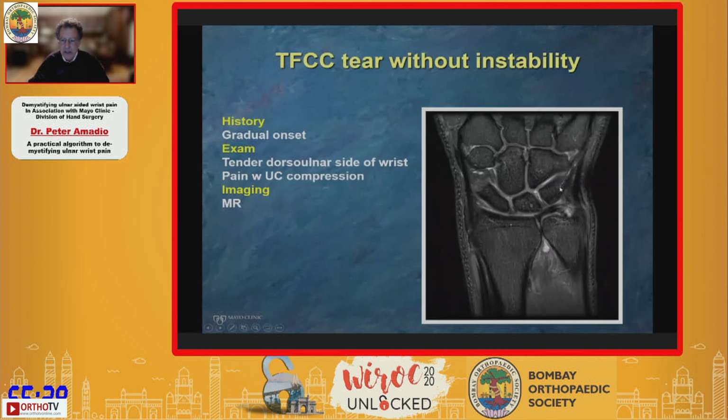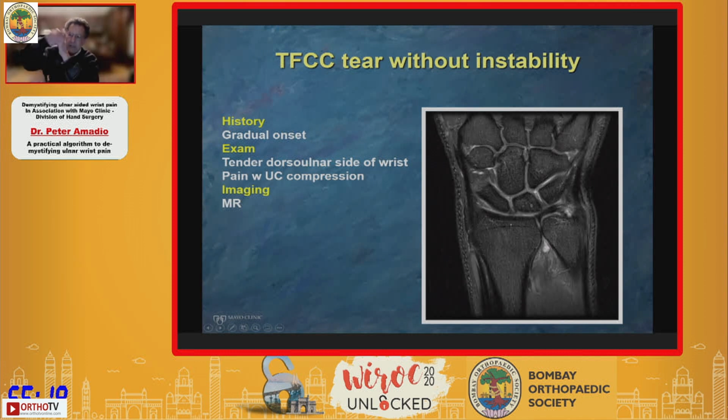TFCC tear without instability. Now you can say, well, on this MRI, maybe that probably does have some instability because this foveal area has been damaged, but that's just the point of using an MR for imaging. But typically, this will be a degenerative problem with a gradual onset, tenderness over the triangular fibrocartilage, and there'll be pain frequently.